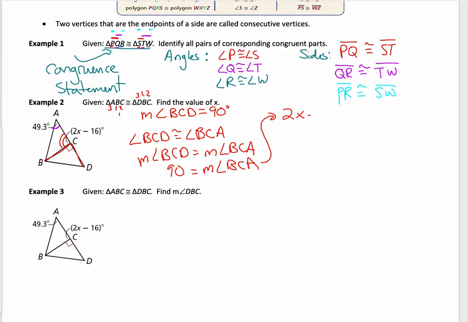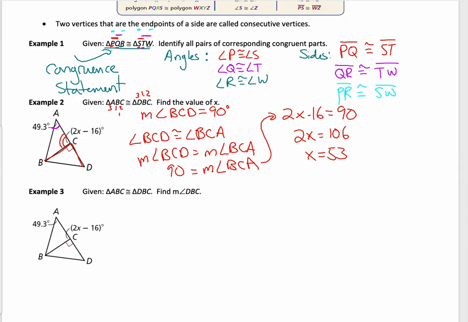So you already knew how to do this problem one way using the linear pair, but now we have a second way. And we still get the same value for x. And so we can double check ourselves and make sure that that's still correct, right? So that's how we would use this congruence statement to figure out the problem versus using a linear pair. Both of these are correct. Sometimes you're only going to be able to use the congruence statement. You won't have something as convenient as a linear pair, okay?